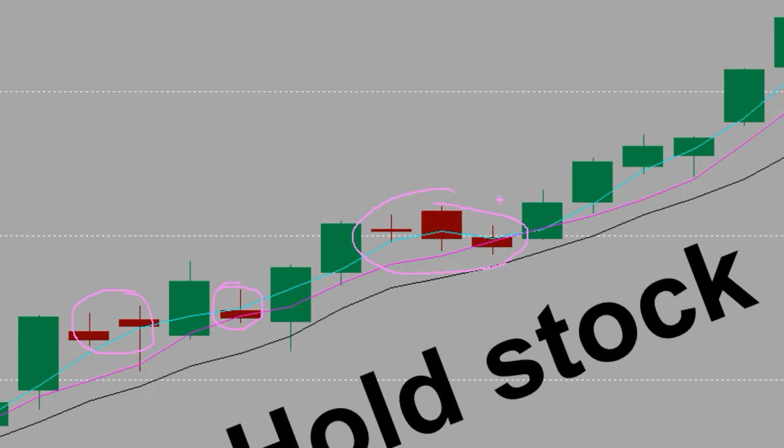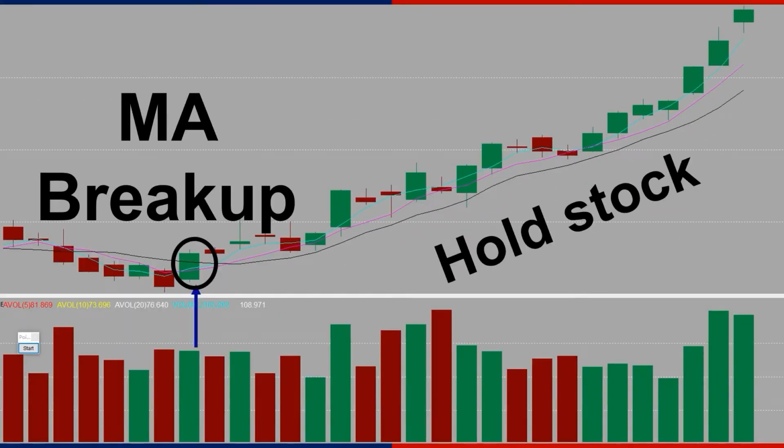But it doesn't matter, no need to worry, as the candlestick still stands above the rainbow lines, especially the black one. And later I will show you what the black line means. It is very important for retail investors. So if the candlestick still stands above the moving average, we can still hold.